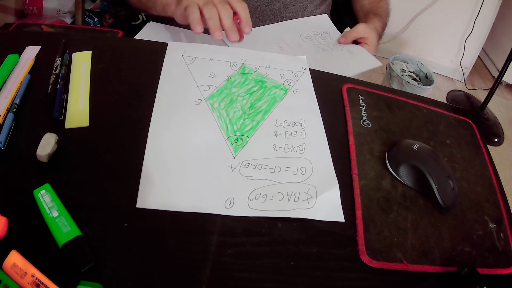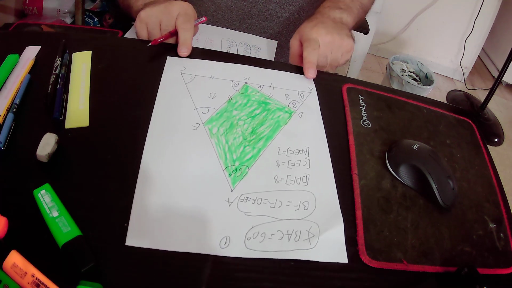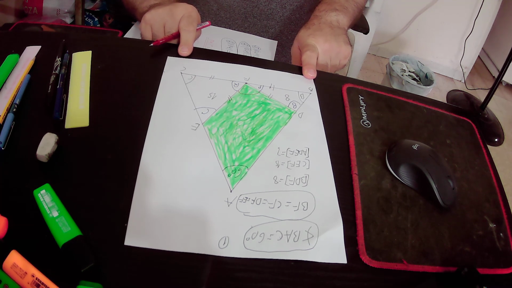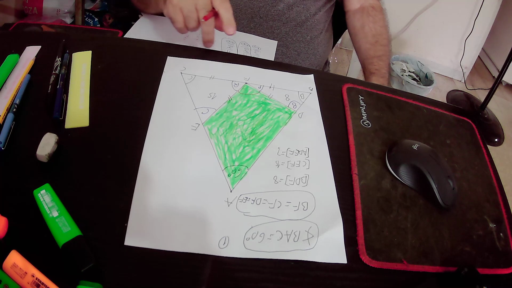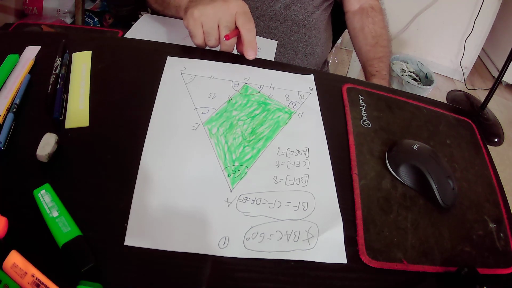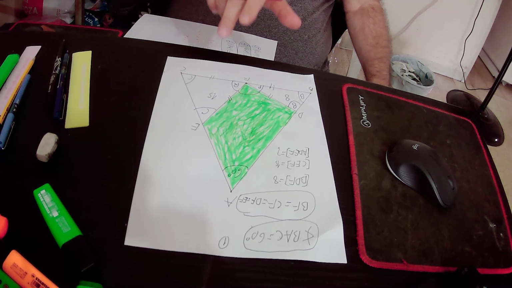So actually BC is a straight line. According to rule number 3, at point F, the sum of the angles on the straight line BC must be equal to 180 degrees.